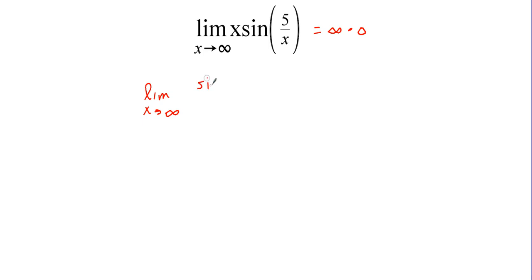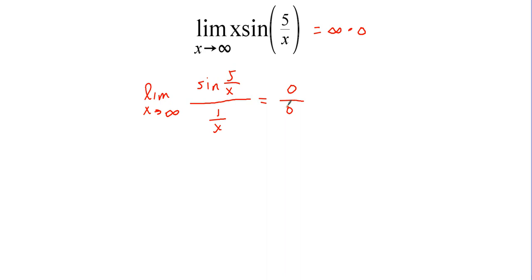So we'll rewrite this as the limit as x approaches infinity of the sine of 5 over x divided by 1 over x, which is equivalent to the original limit, but is now of the form 0 in the numerator and 0 in the denominator.